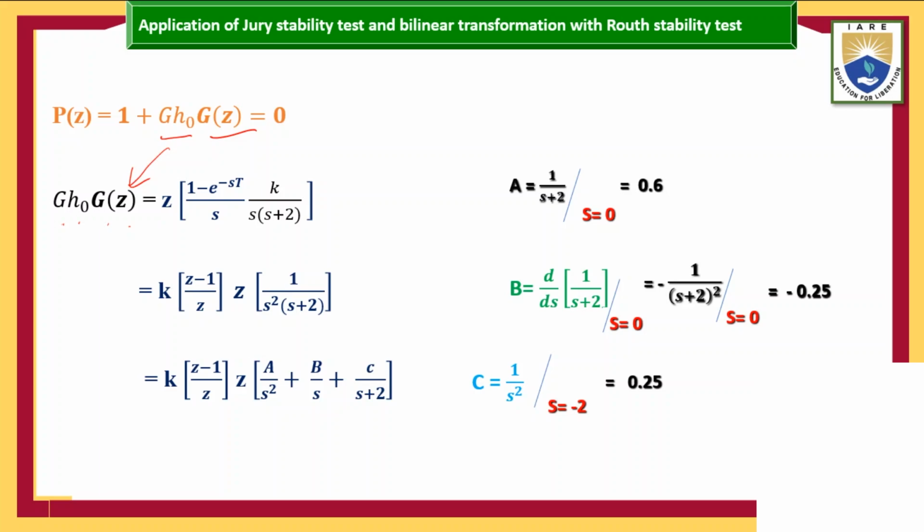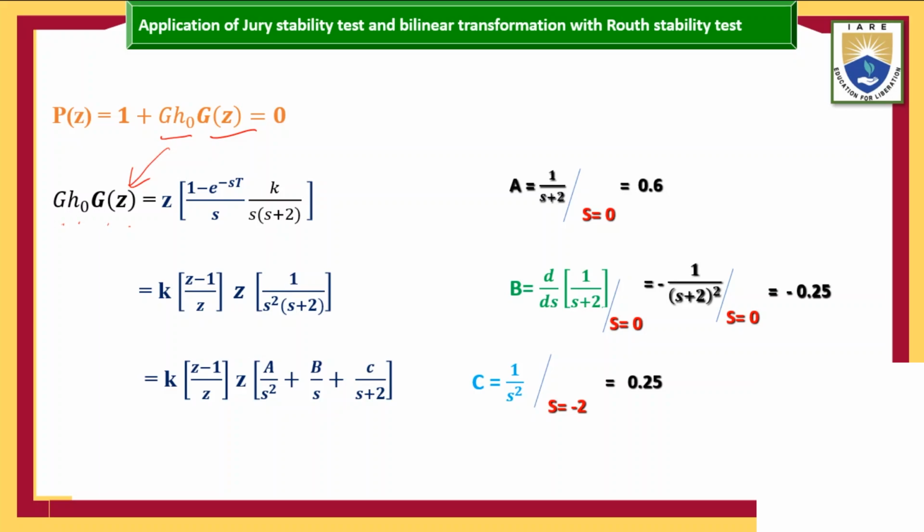What is the transfer function of the zero order hold device? In previous sections, we have already studied that. That is 1 minus e power of minus s tau by s, into k by s into s plus 2.